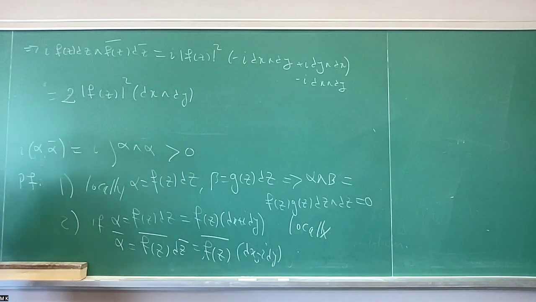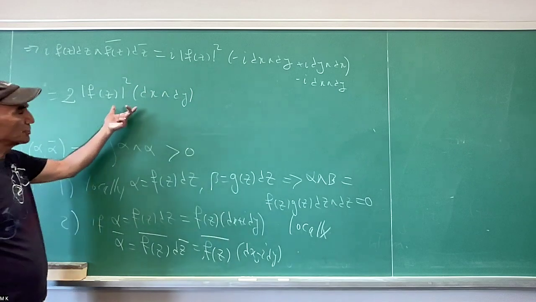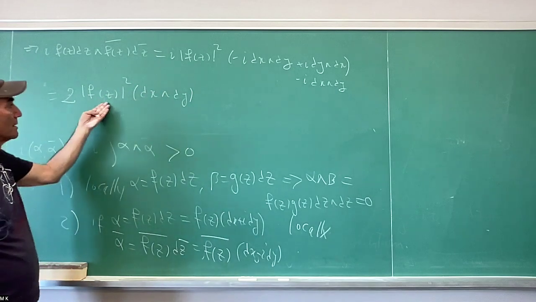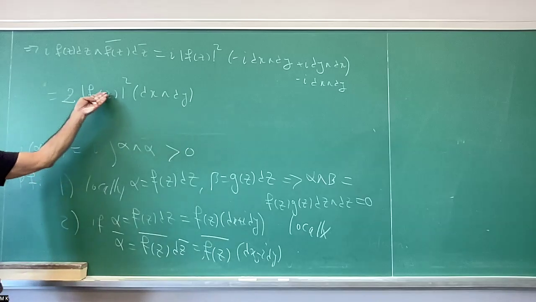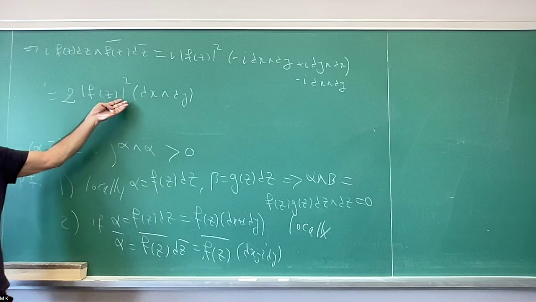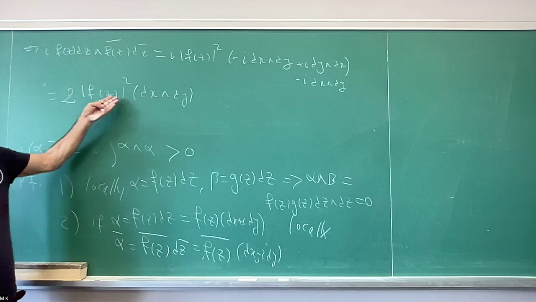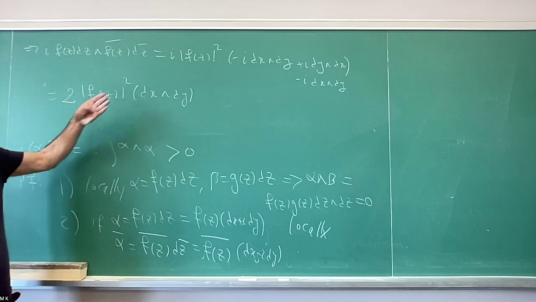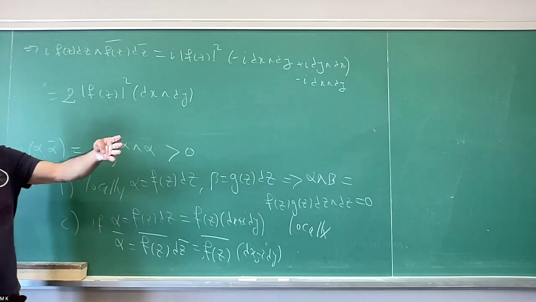On each coordinate patch, this is this quantity. We know that alpha is non-zero, so there is at least one coordinate patch where this quantity is positive because f is non-zero at that point. At other points it is bigger than or equal to 0.